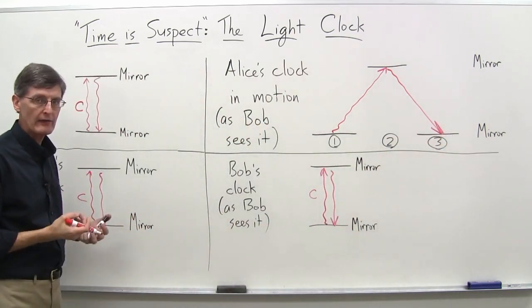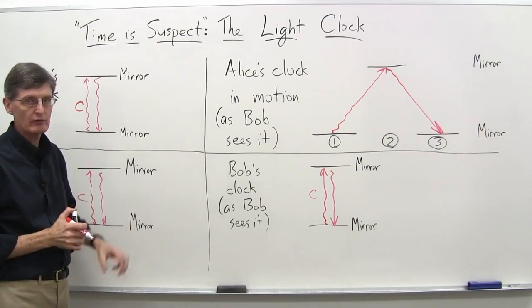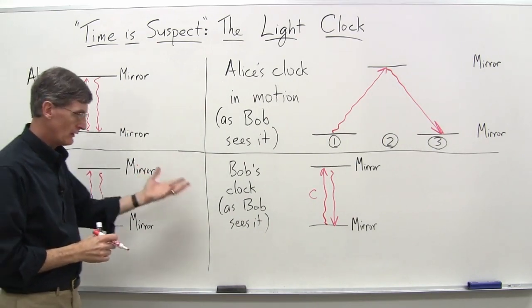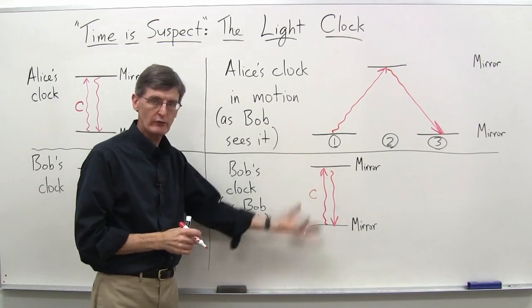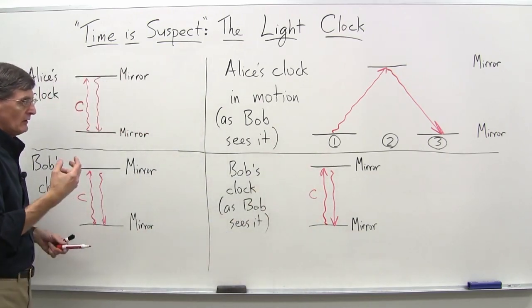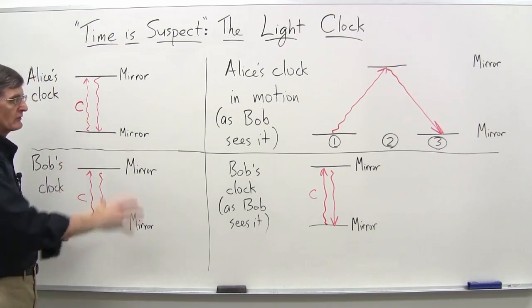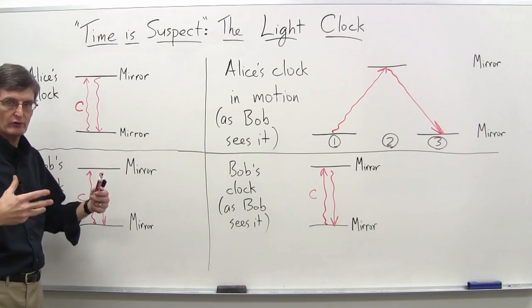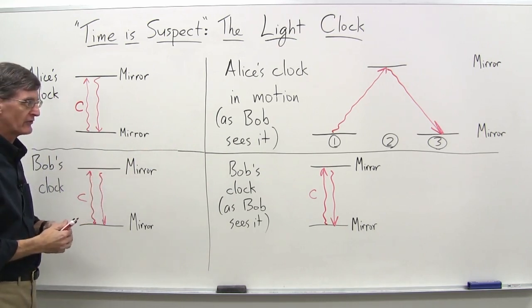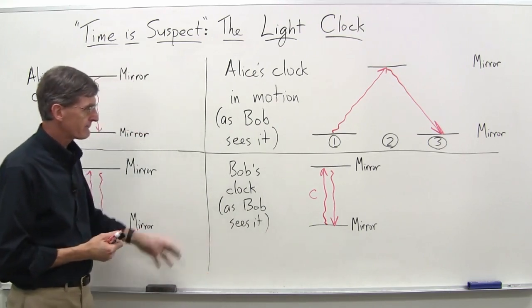So that's the path that Bob sees Alice's light beam travel inside her light clock, while his light clock is still bouncing back and forth very nicely like this, not going anyplace, just ticking away. So what can we immediately conclude qualitatively? We're going to look at this qualitatively, and then we're going to do a quantitative analysis of it and actually come up with an interesting result.